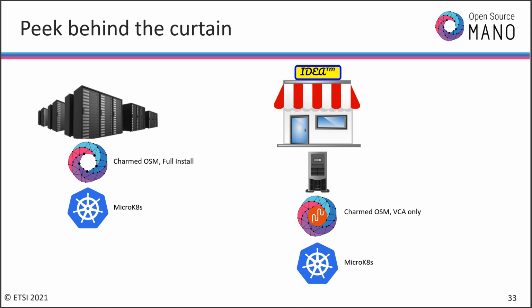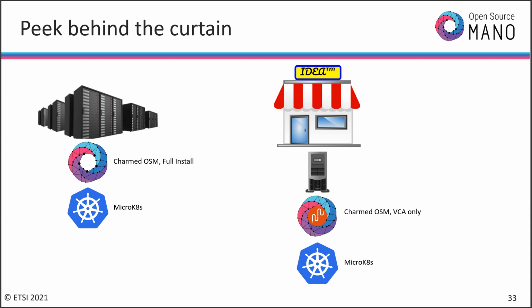In our central site, we have OSM full install. So all the services of OSM have been installed on top of microK8s as a Kubernetes infrastructure. This is where, when you connect to the web UI or do an OSM CLI command, you're going to be performing remote operations to this OSM install.